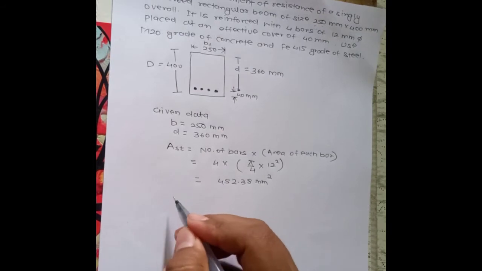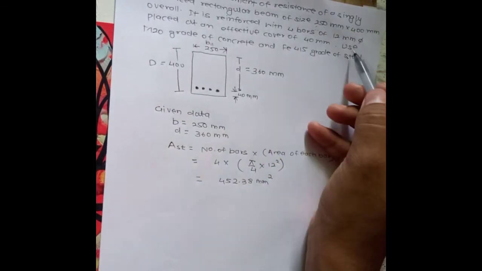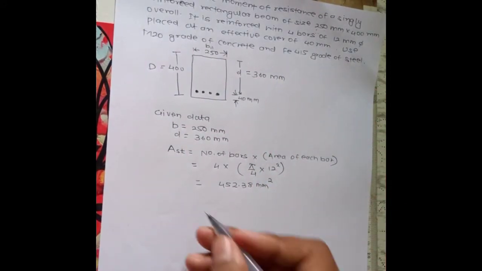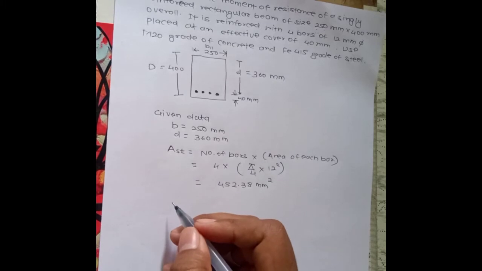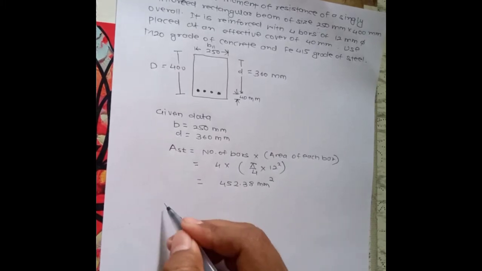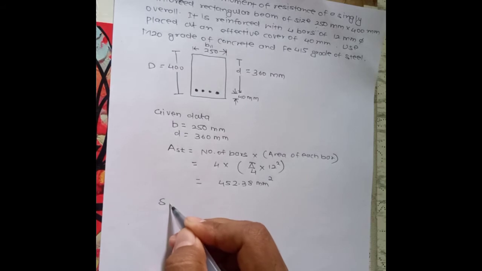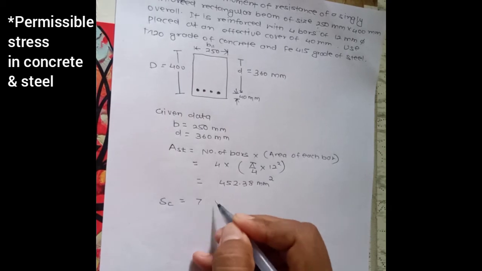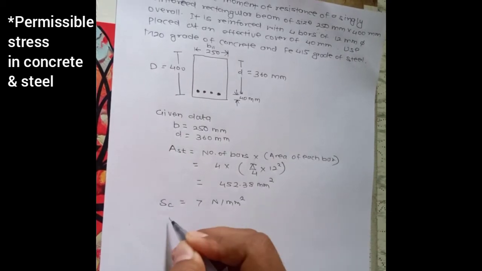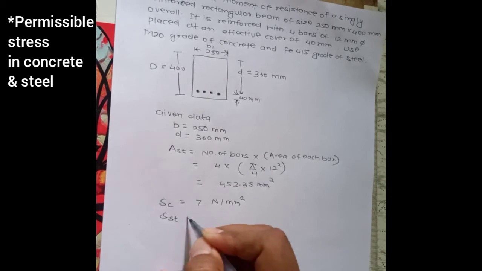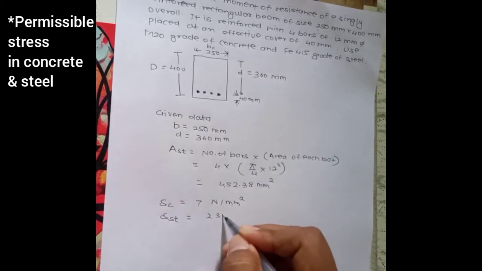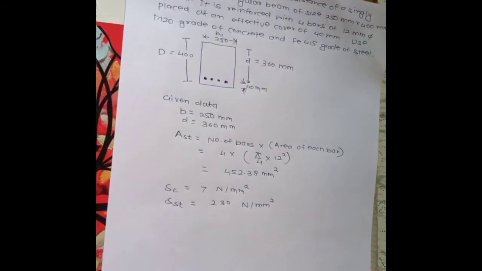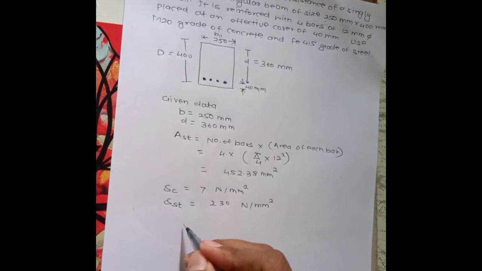Now we have been given M20 grade of concrete and Fe415 grade of steel. So according to IS code 456:2000, we should write permissible stress in concrete as 7 Newton per mm square and in steel 230 Newton per mm square. Now we need to find m, that is the modular ratio.